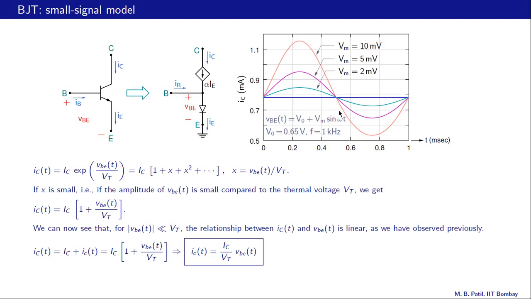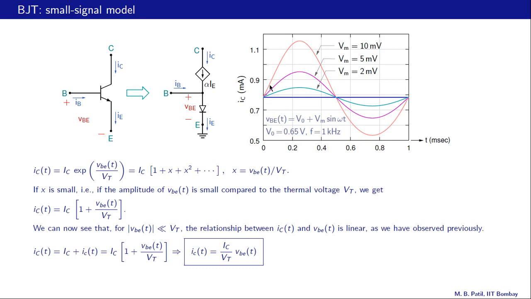This is our signal part of the base emitter voltage, that is sinusoidal. This is our collector current, and that is also sinusoidal. And that happened of course because our amplitude was small, so the maximum value of VBE was 2 millivolts, and therefore 2 by 25 turned out to be small compared to 1, and therefore this relation holds.